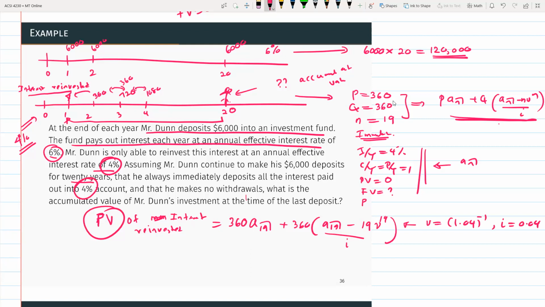Now let's calculate A19. So the rate is 4%, compounding is 1, the future value is 0, the present value is what we want, and the payment is 1. Okay, let's use our calculator.